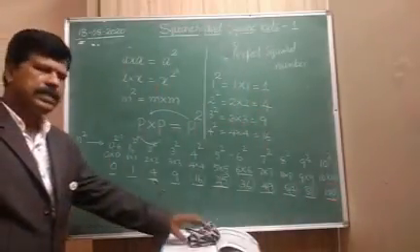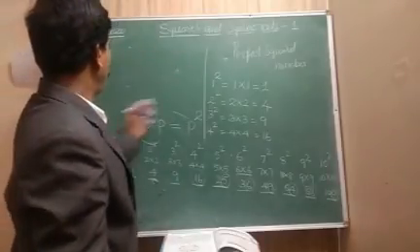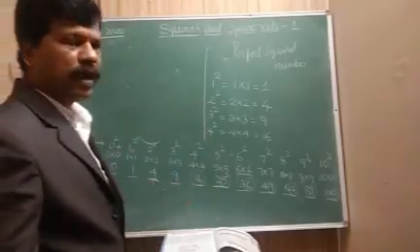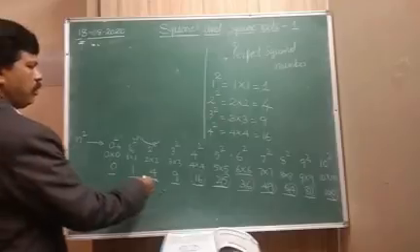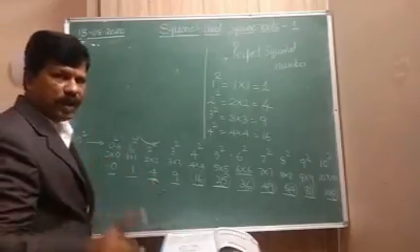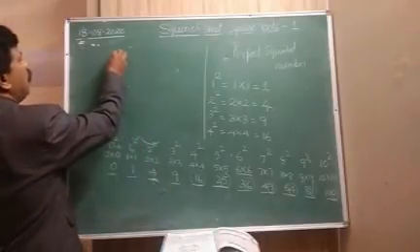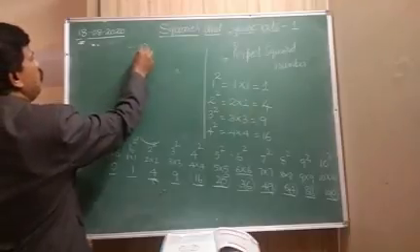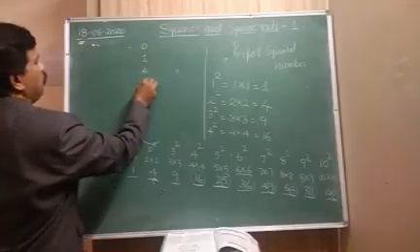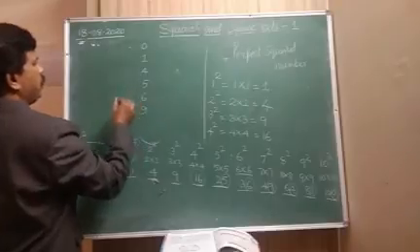On observing these perfect square numbers, what can we conclude? Here we can conclude that the unit place of a perfect square number is either 0 or 1 or 4 or 5 or 6 or 9.